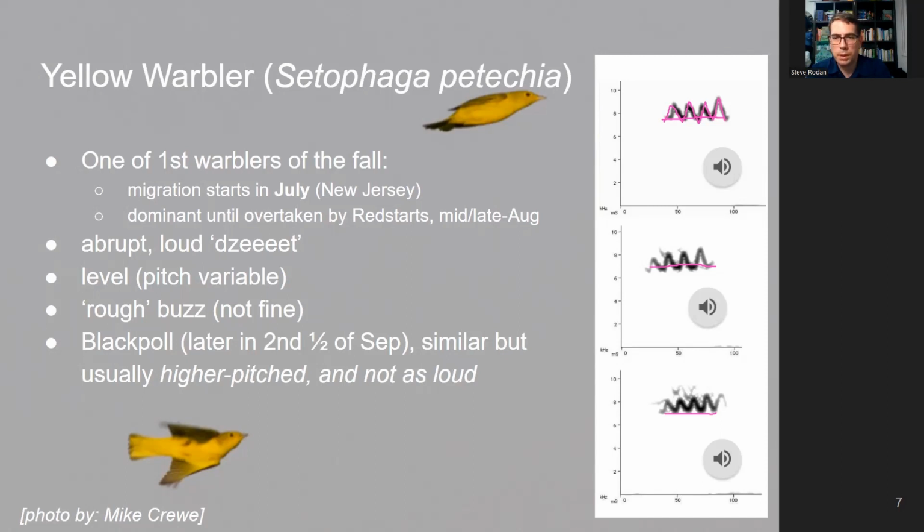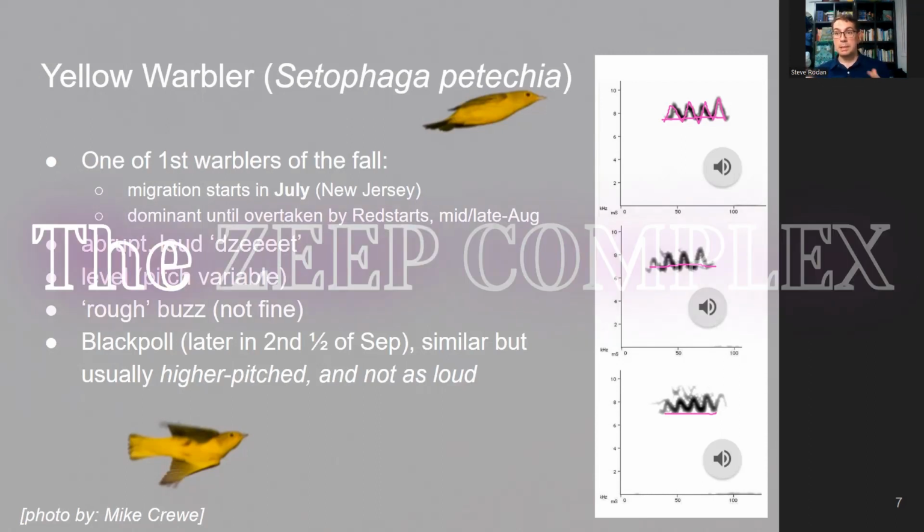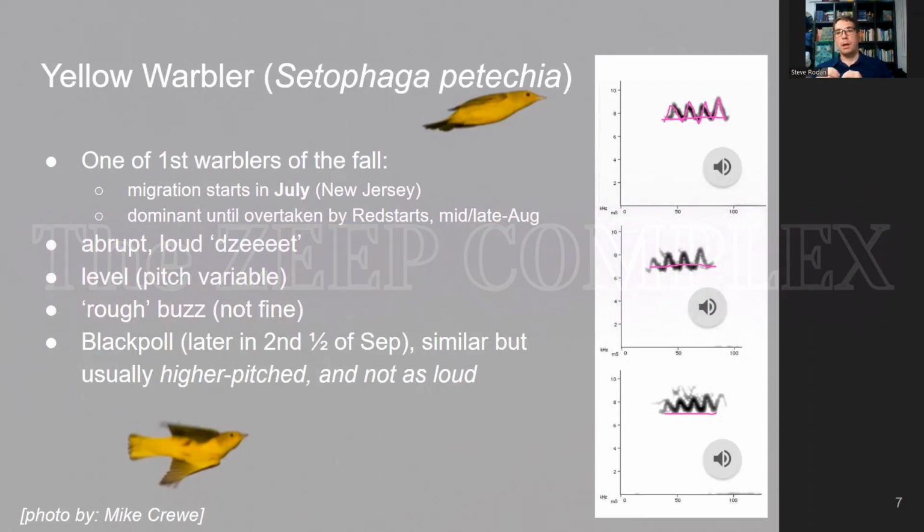And a lot of people say that's actually the first zeep to learn because it's the most moderate. If you compare all the other warblers that have a zeep-like call in the so-called zeep complex, it's easier to compare the other species to the blackpoll.